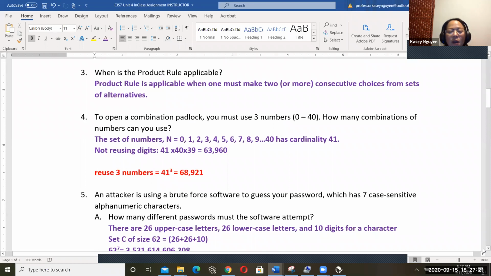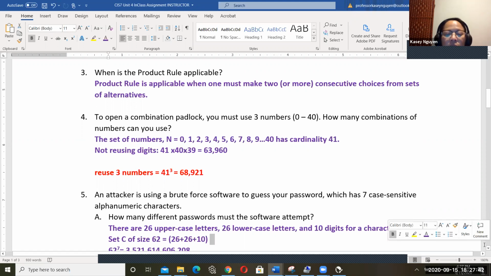Okay, so let's take a look at number 5. An attacker is using brute force software to guess your password, which has 7 case-sensitive alphanumeric characters. A, how many different passwords must the software attempt?